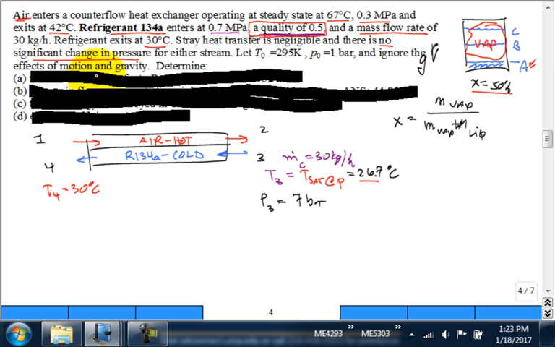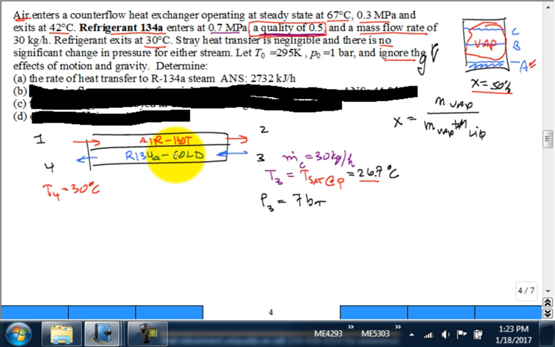Now, the first question: ignore the effects of gravity and motion. What did they say when they ignore the effects of motion and gravity? Negligible changes in kinetic energy and potential energy in our energy balance statement. It didn't say that it's not moving. It just says that it's negligible in the energy balance statement. So, first question is what is the rate of heat transfer, not from the refrigerant, but to the refrigerant stream.